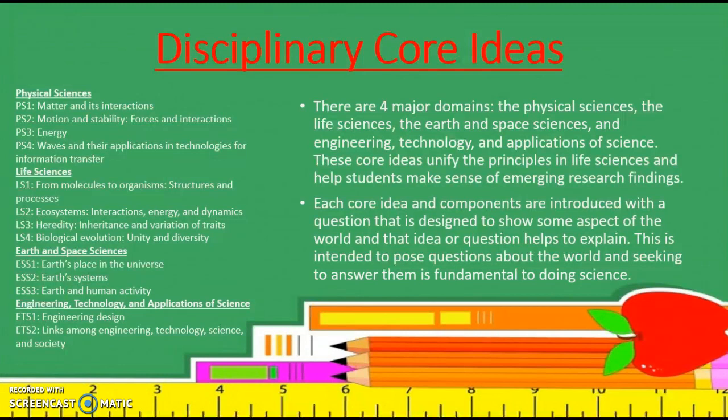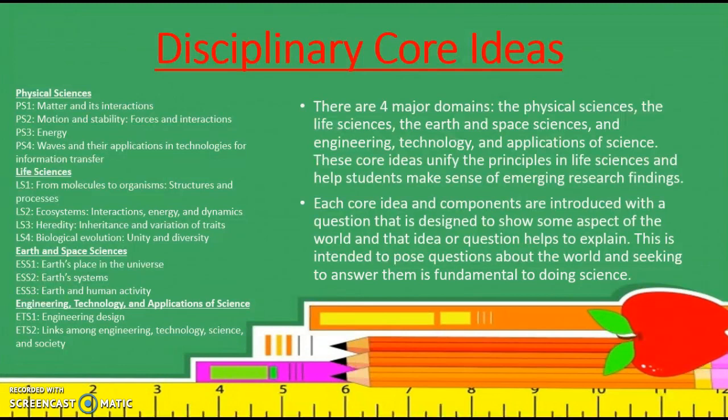Each core idea and its components are introduced with a question that is designed to show some aspect of the world, and that idea or question helps to explain. This is intended to pose questions about the world and seeking to answer them is fundamental to doing science. So this is what the students know.